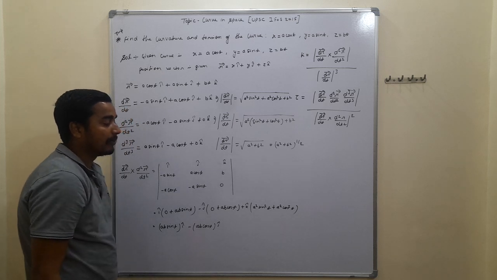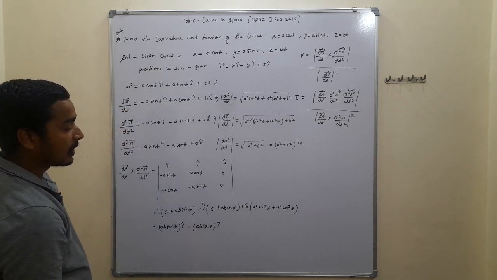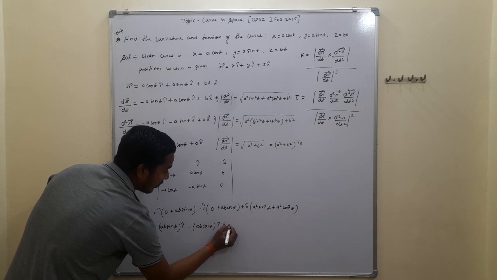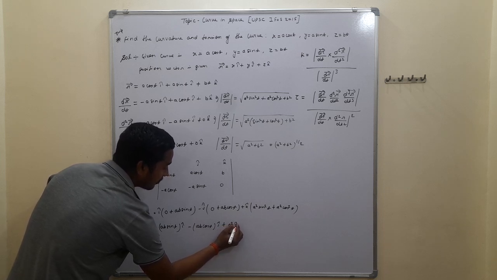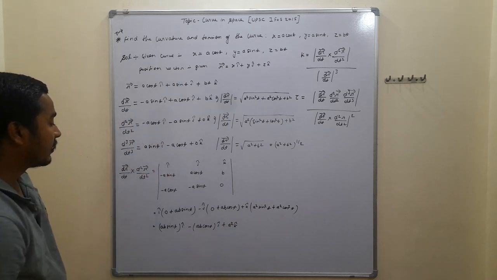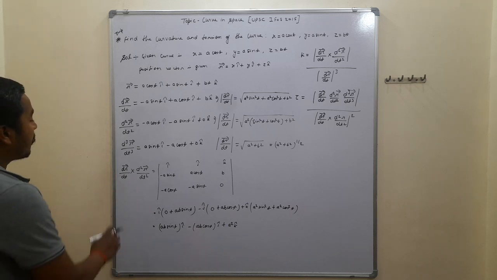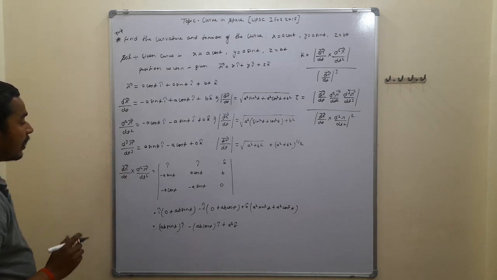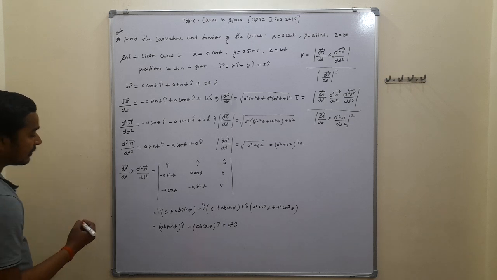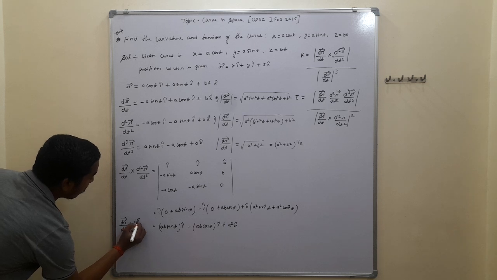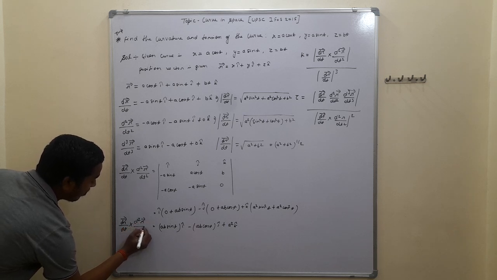We know from trigonometry that sin square t plus cos square t is 1, so the remainder is a square k cap. And further we have to find the mod of dr upon dt cross d2r vector upon dt square. This is the value of dr vector upon dt cross d2r vector upon dt square.